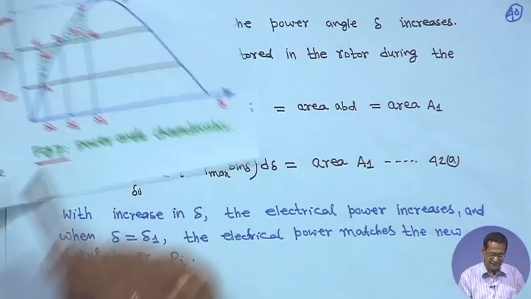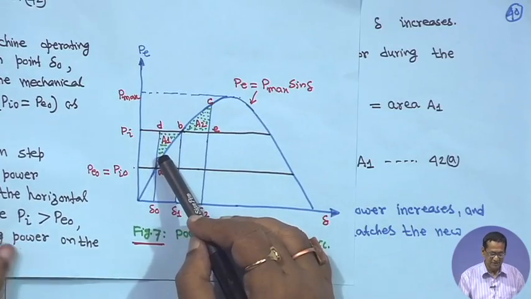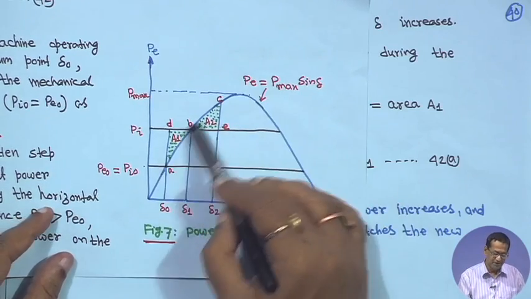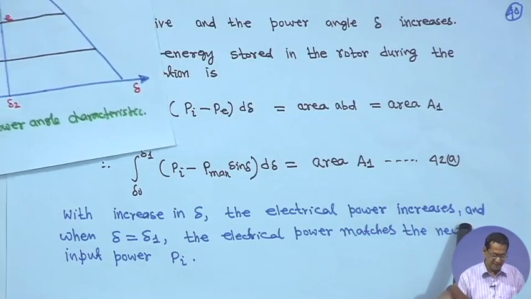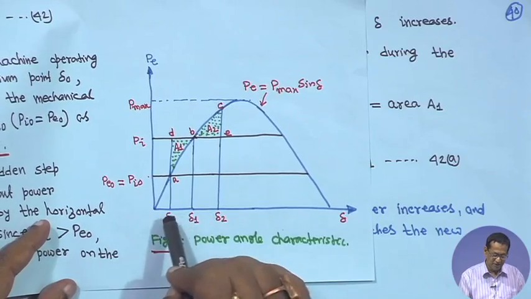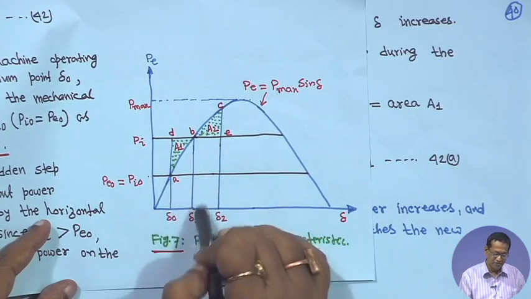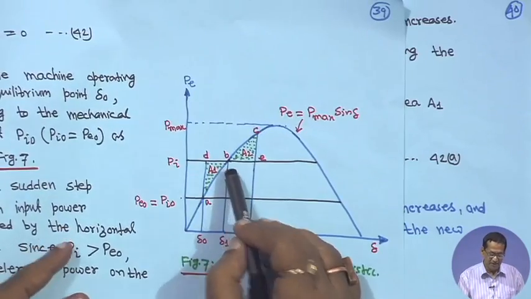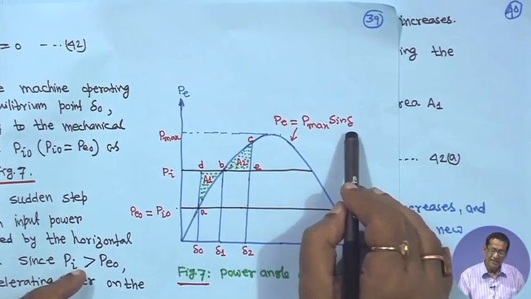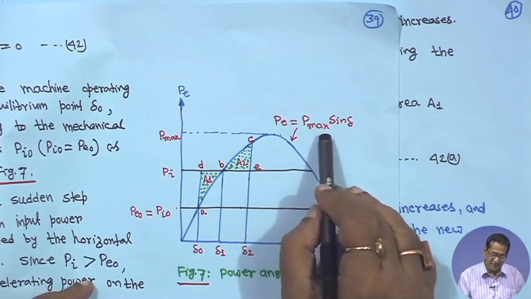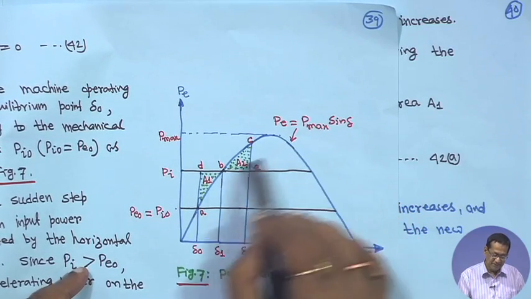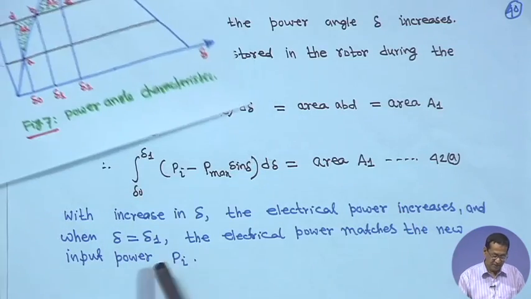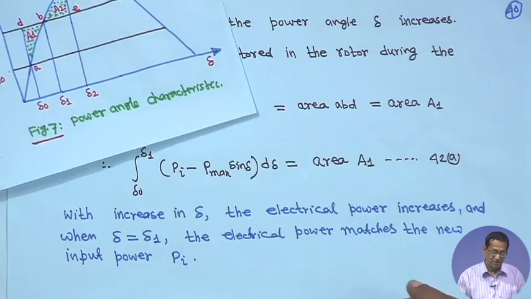Similarly, with the increase in δ, the electrical power also increases, and when δ is equal to δ1, the electrical power matches the new input power Pi. That means, when δ is equal to δ1, you will get P equal to Pmax sin δ1, so Pi becomes Pmax sin δ1, matching the new input power Pi.